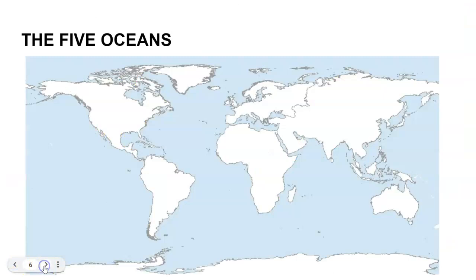Now, another thing to help us figure out where we are in the world are the oceans. And the oceans really help us with relative location. So you're just again going to label these on your map just so you know where they are. So I've just again gone in alphabetical order. So the Arctic Ocean is in the north.